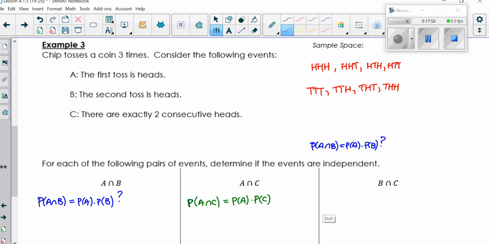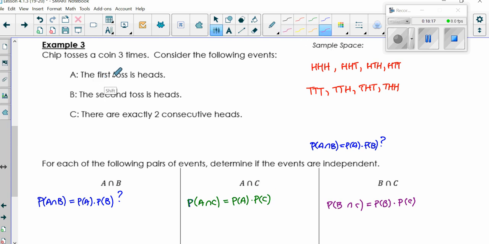Then I also want to know if the probability of B and C equals the probability of B times the probability of C. Okay, so notice that I need the probability of A, the probability of B, and then the probability of C. So I'm actually just going to go find these up here and label them.